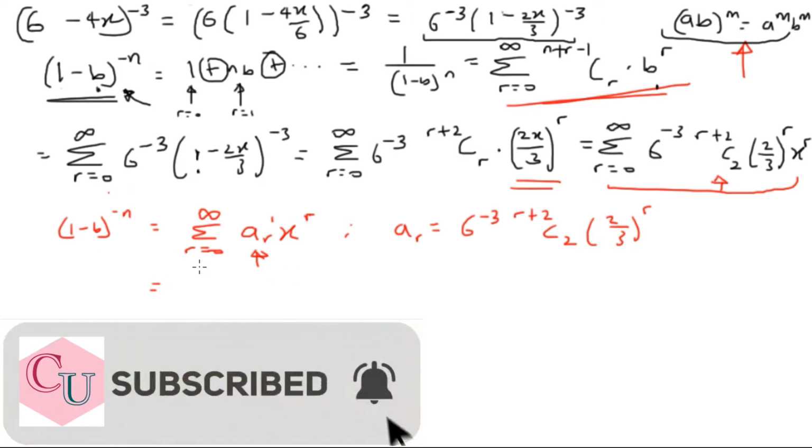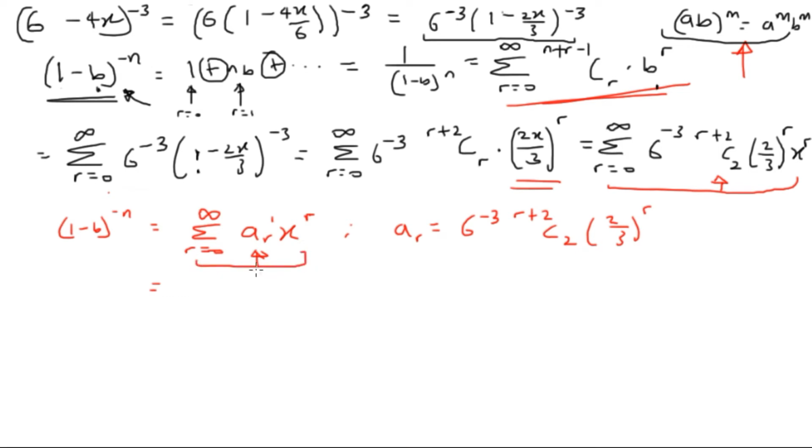So if I split this now, I will have x raised to power r. I can also have another one. The next term will be a_(r+1), x raised to power r plus 1. The one before this is a_(r-1), x raised to power r minus 1.